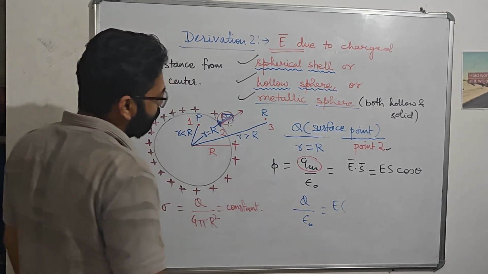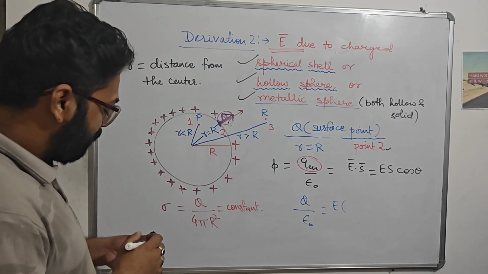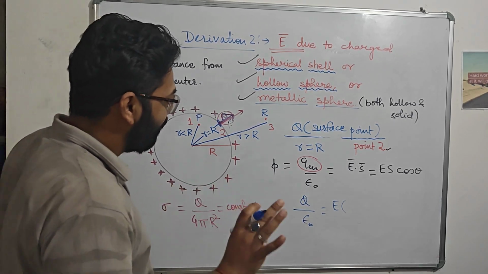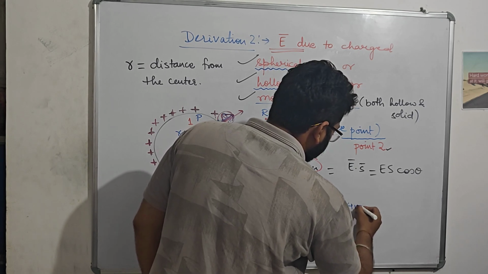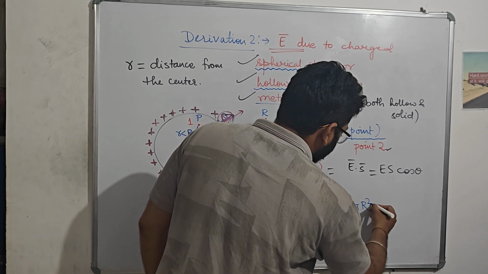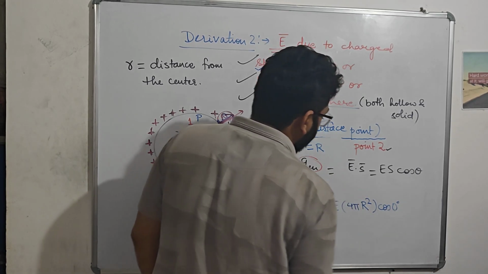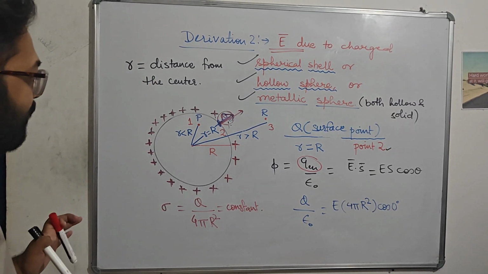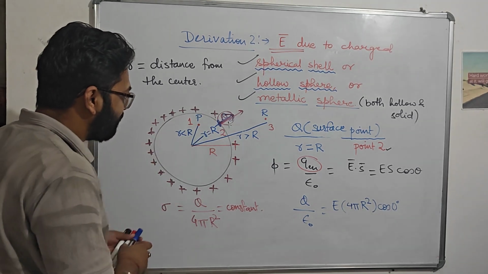Electric field is radially outward, area vector is also radially outward. So the angle theta is 0 degree, cos 0 degree is 1. So E into S, and S is simply 4 pi R square. S is the total surface area. Okay, that is 4 pi R square for the point which is on the surface.